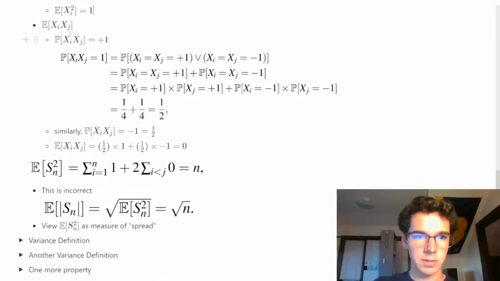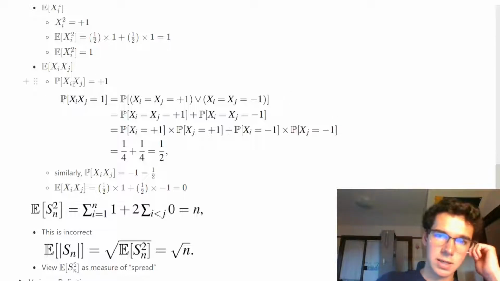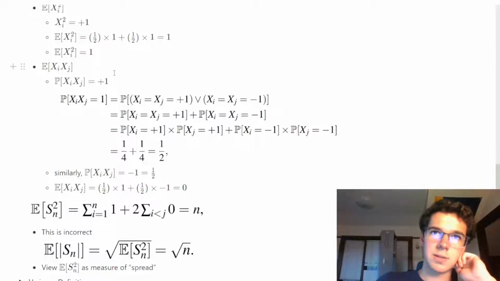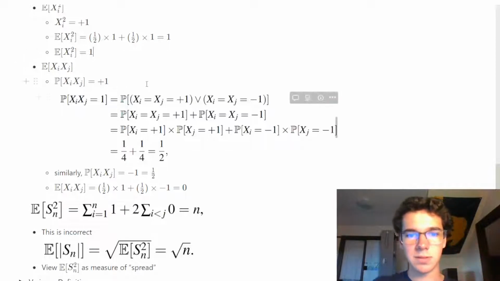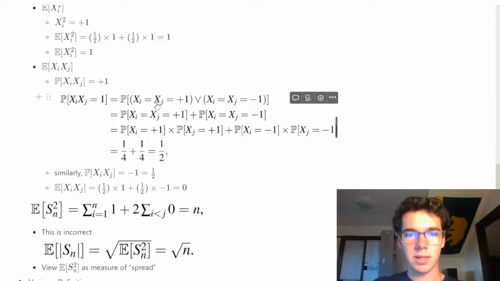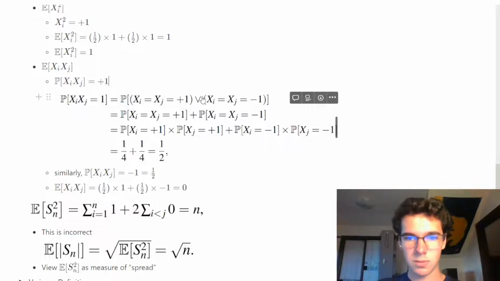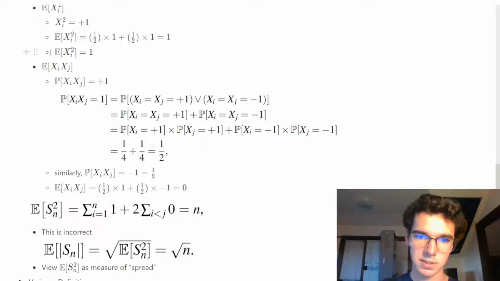It's a little more complicated, but not too bad, for the expected value of X_i times X_j. There are actually two cases in which the product X_i times X_j is equal to positive 1. It's true when X_i equals X_j equals positive 1, because positive 1 times positive 1 is positive 1, or when both are equal to negative 1, and negative 1 times negative 1 yields positive 1.